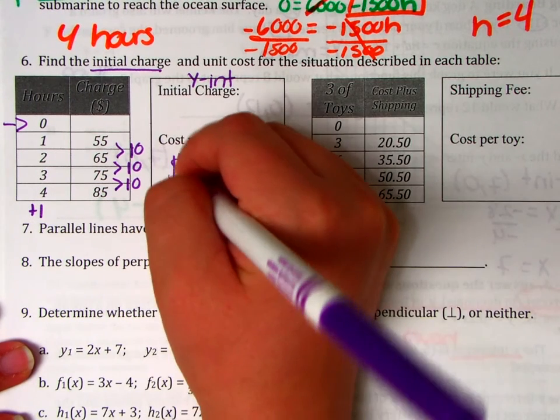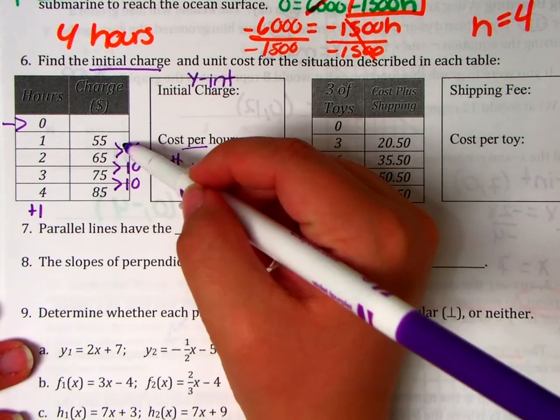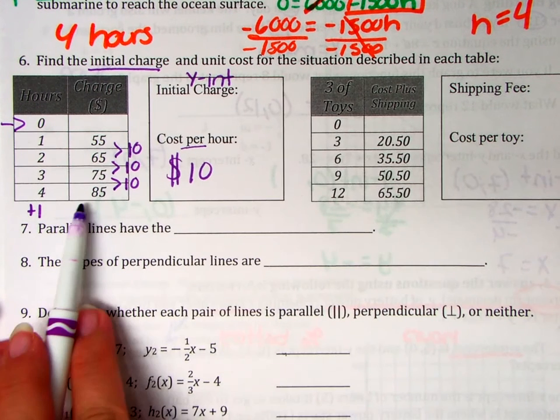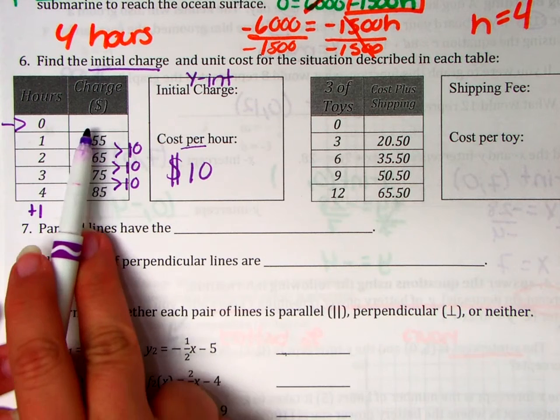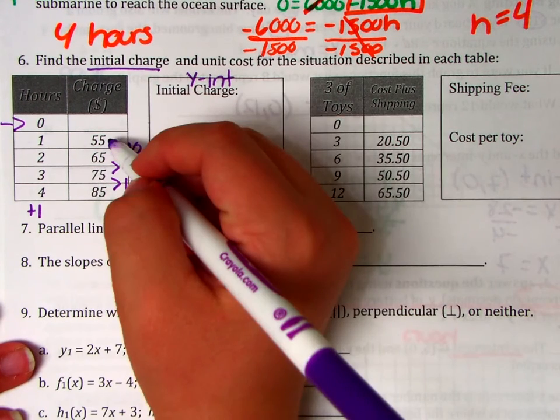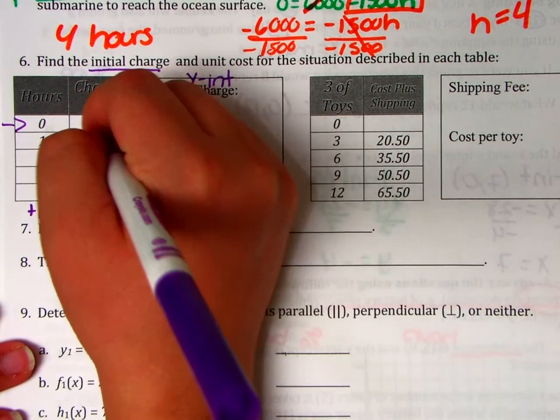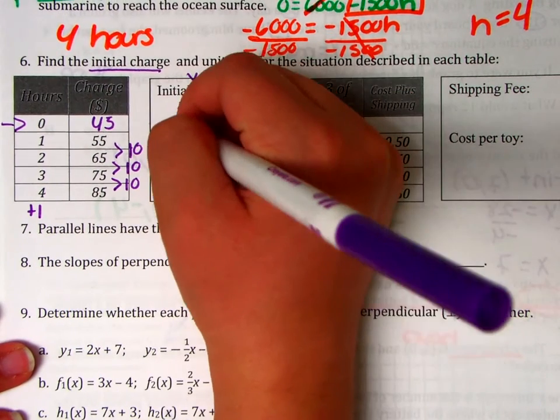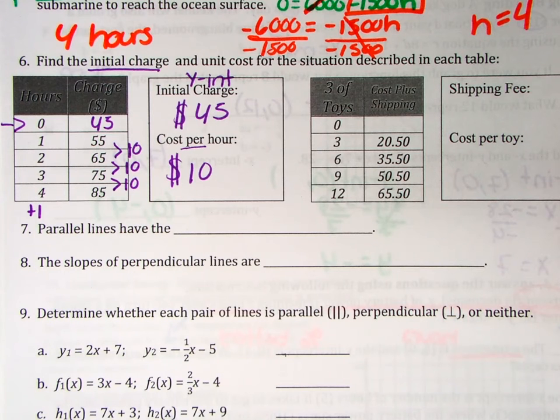But to get to my initial, I'm not going to add 10 to 55, that's going this way. I need to go backwards, so I'm going to subtract 10. So 55 minus 10 will give me that 45. That's the initial charge for whatever the situation is that we're working on.